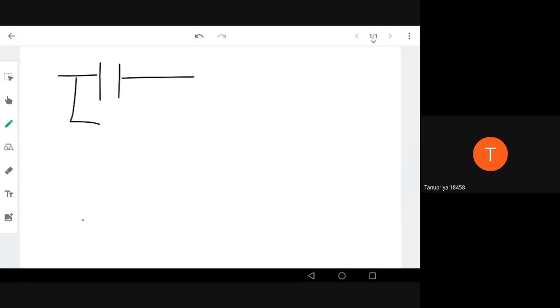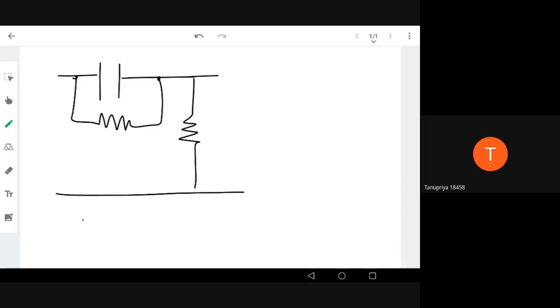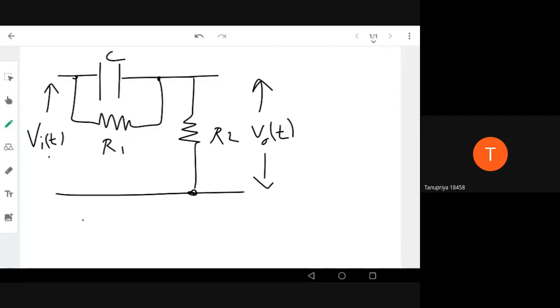Let me put a resistance in parallel. Resistance in series. This is R2. This is R1. This is C. Now I'm taking the output across the resistance, and input definitely I am giving across this terminal.